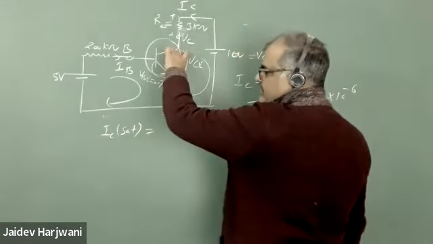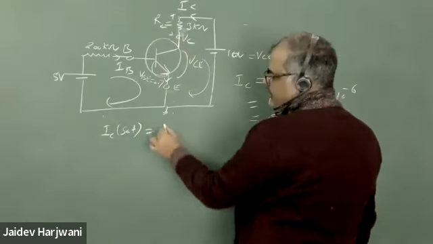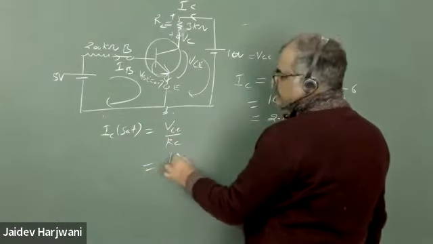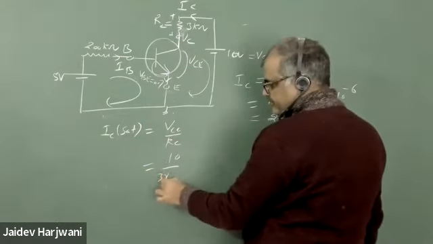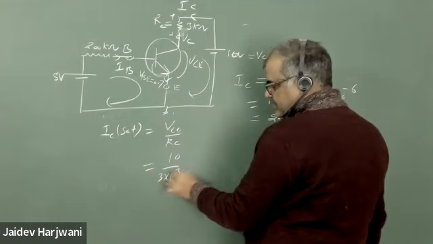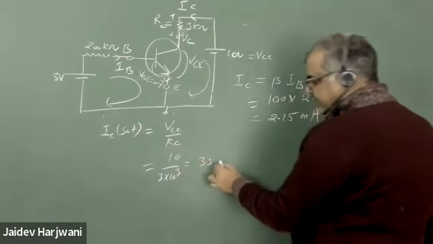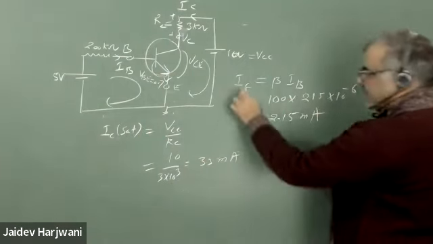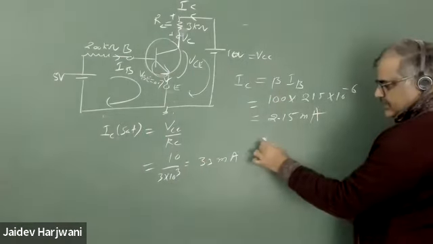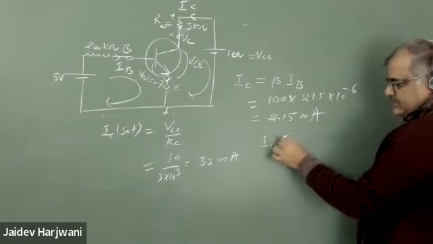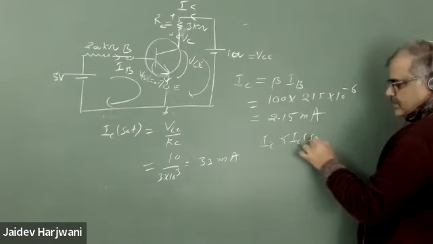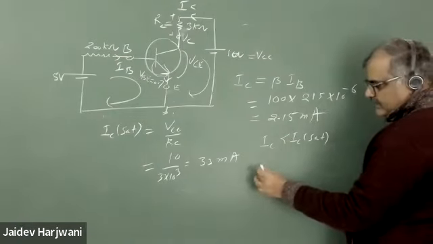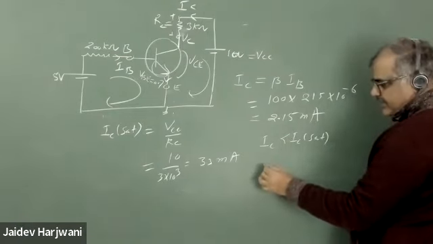IC saturation is what you get when you make VBC 0 here. Once you make it 0, automatically this becomes VCC upon RC. VCC is your 10 volt, RC is your 3 kilo ohm, so this becomes 3.3 milliampere. Whenever your calculated IC is less than IC saturation, the region of operation will be the active region.